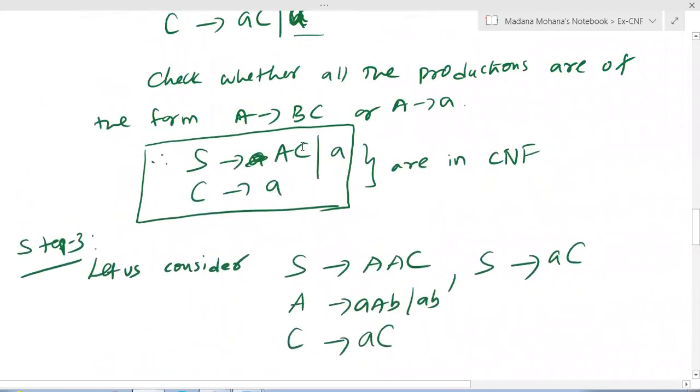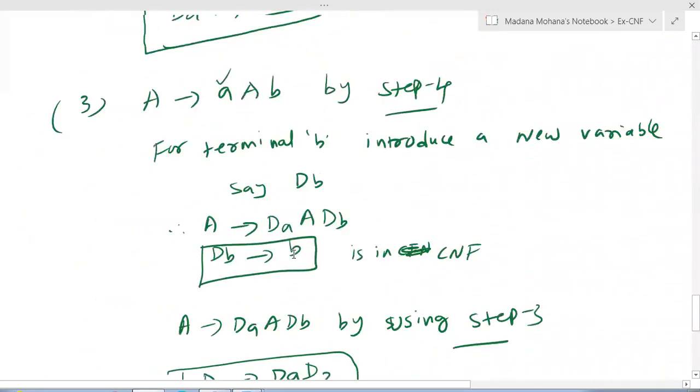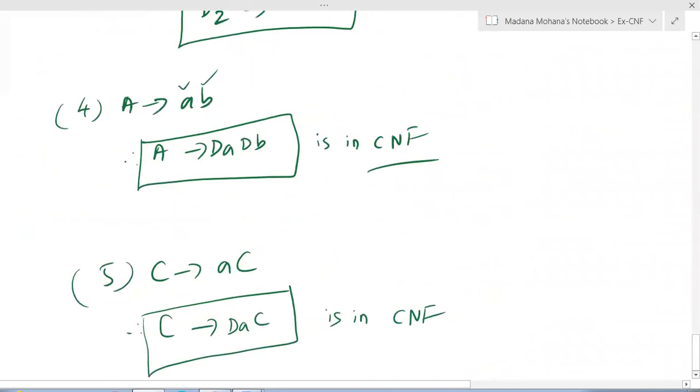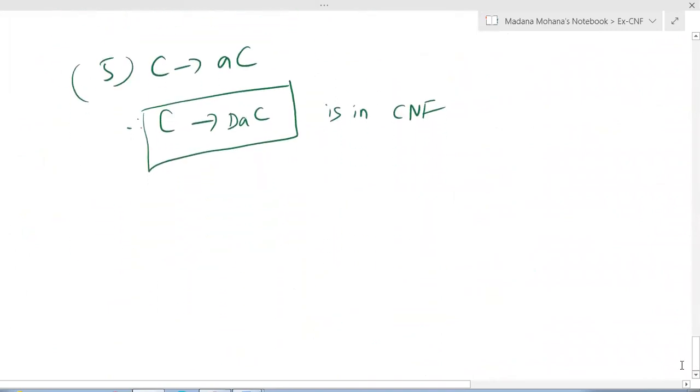These also: S derives AC, C derives A. So along with these two, the new productions, you can write down all finally. So that is the final CFG which is in CNF. Therefore, the final CFG G dash in CNF is given below.